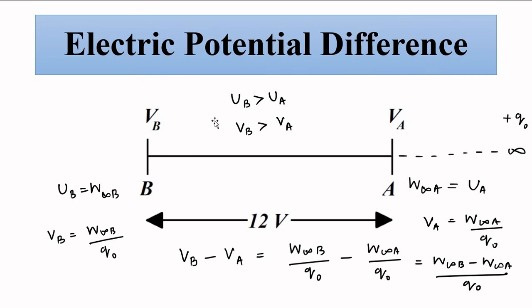See, VB is at higher potential than A. So the potential difference between these 2 points is the work done in moving the test charge from a lower potential point to higher potential point against the electrostatic force of repulsion divided by the test charge.